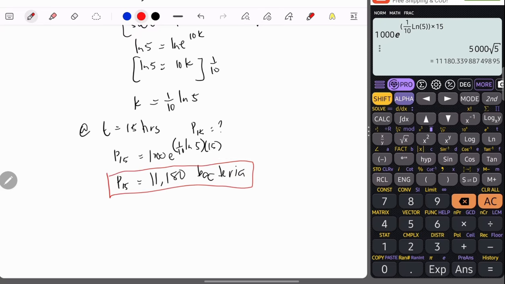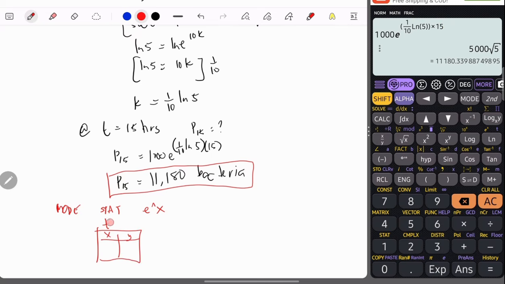So how do we use our calculator? So same. Mode, stat, e to the x. Then you input.